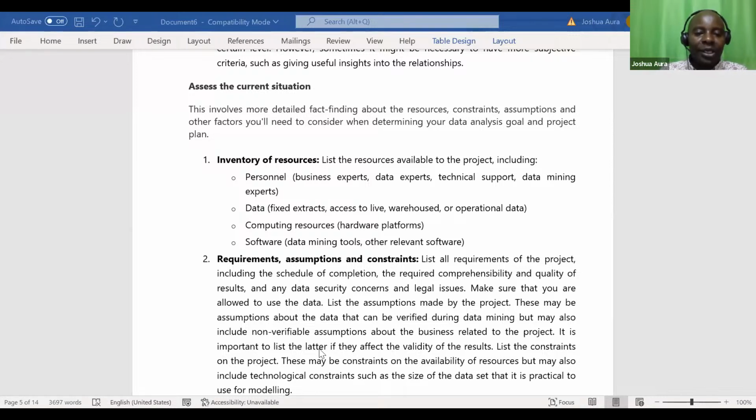It is important to list the latter if they affect the validity of the results. List the constraints on the project. These may be constraints on the availability of resources, but may also include technological constraints, such as the size of the data set that is practical to use for modeling.